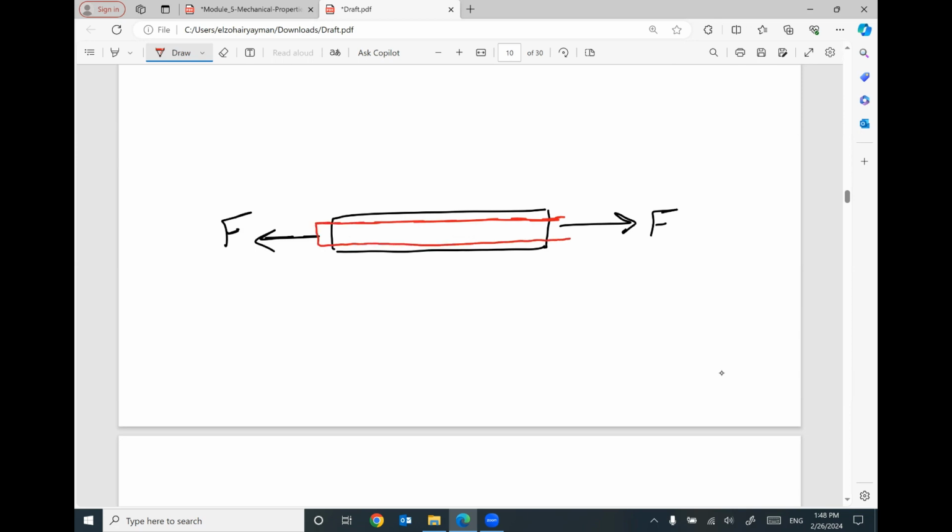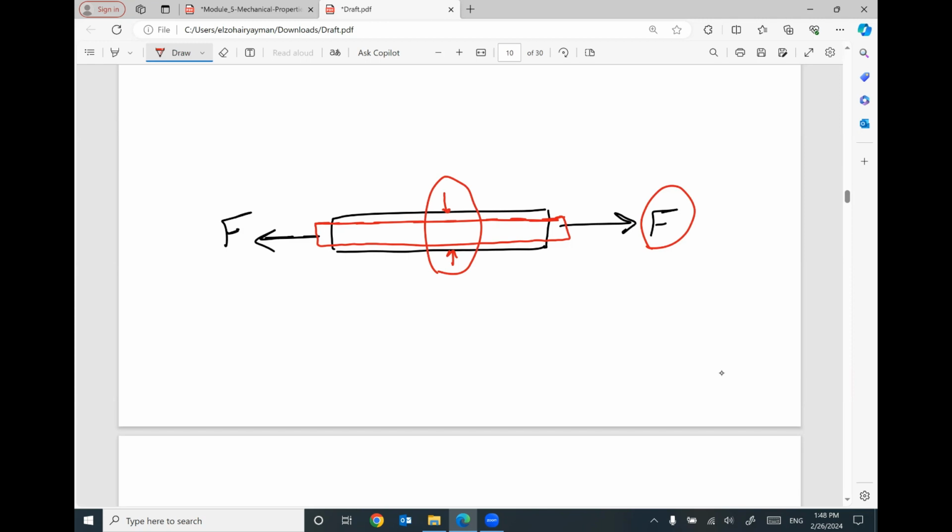At the same time, the diameter of this member will be reduced. So we have elongation in the same direction of the force, and we have contraction in the opposite direction.